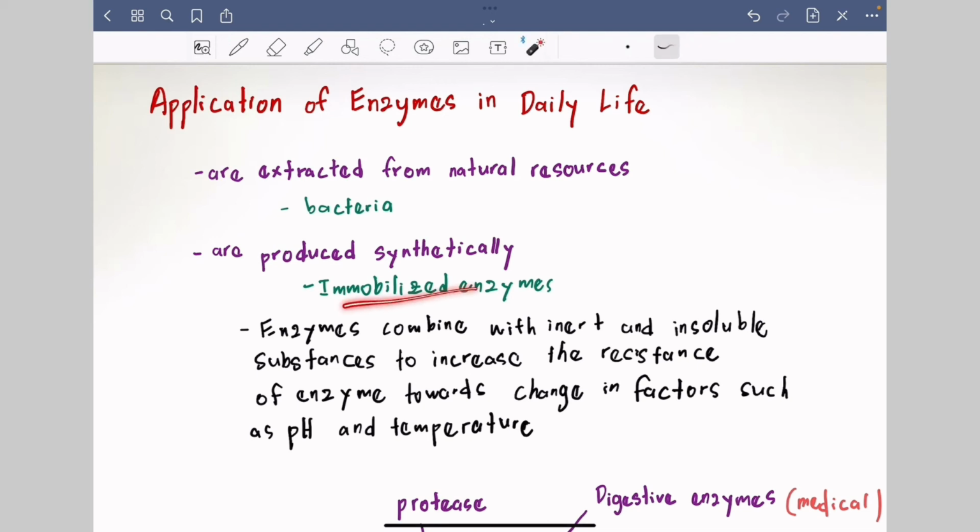Thus, an immobilized enzyme is an enzyme that is combined with other insoluble substances to increase the resistance towards changes in factors such as pH and temperature. And this technology is called immobilized enzyme technology.